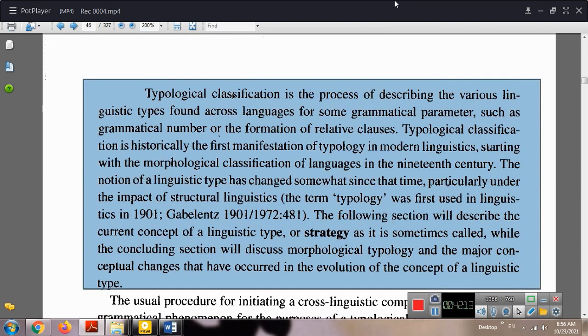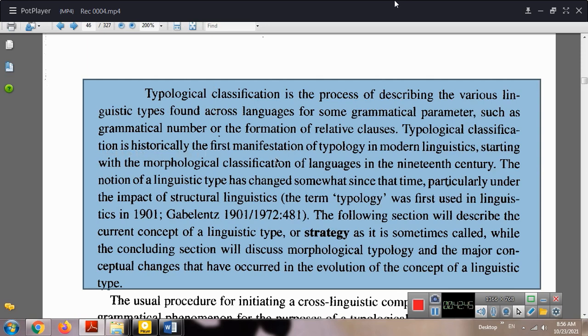By typological classification, we mean the process of describing the various linguistic types found across languages for some grammatical parameters, such as grammatical number or the formation of relative clauses. This is the definition of typological classification. You should know that.